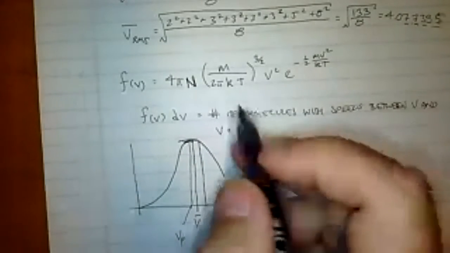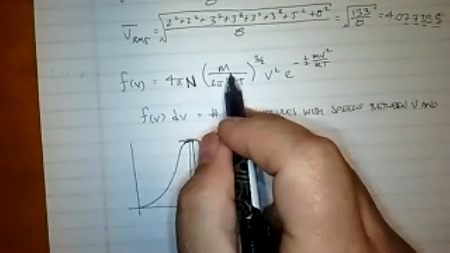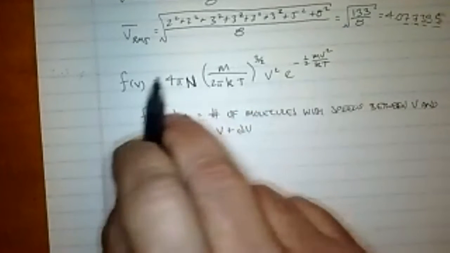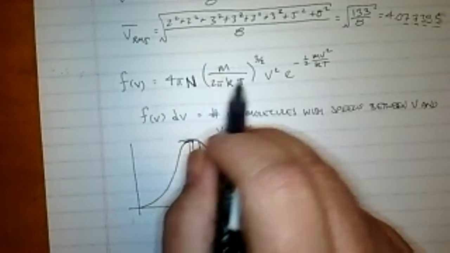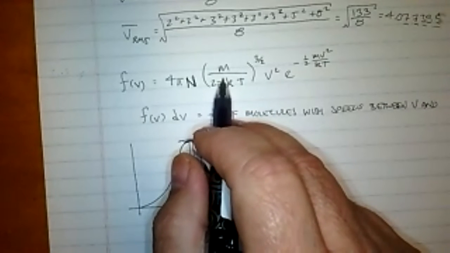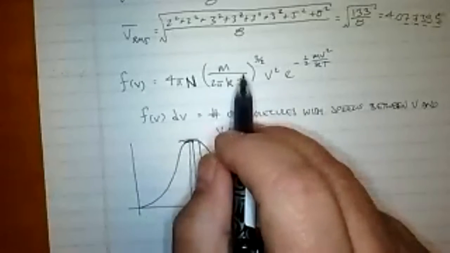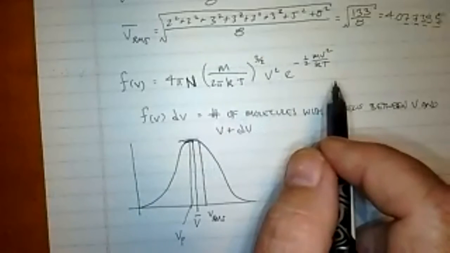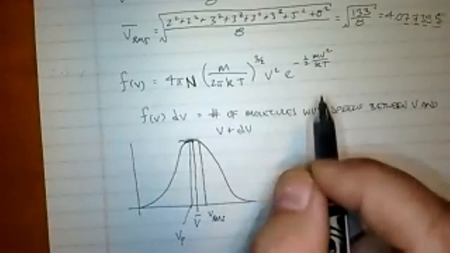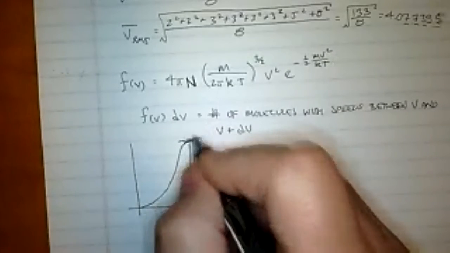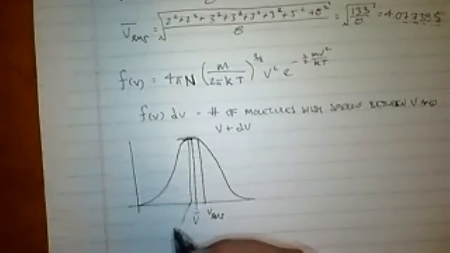So like I said, if you integrate this from 0 to infinity, you better get just n, because that's really all the possible speeds you could have. So that's one check. And in reality, when you go and derive this, that's the way you figure out what this constant is, because that's the answer that spits out. So you have to use the 4 pi and all this junk just to make it work out. But anyways, if you want to compute this, it's not that hard.